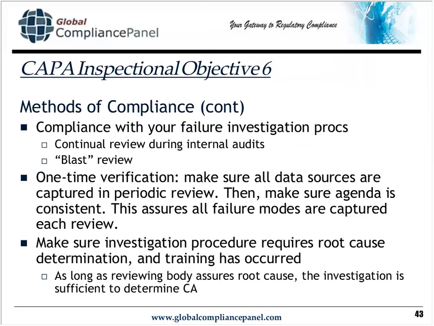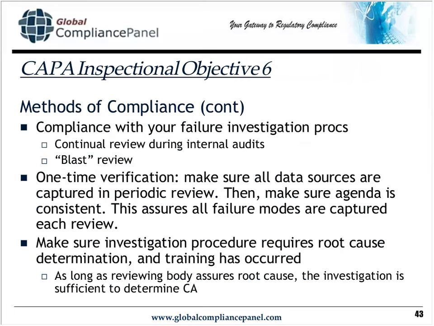Good idea is to do a one-time verification. When you have a periodic review, make sure all of your data sources are captured at your first, maybe quality review board, or just your next one if you've never done something like this before. As long as all of your data sources are captured and your agenda stays the same, you're going to make sure that all of your data sources, and hence all of your failure modes, are captured each of your reviews.